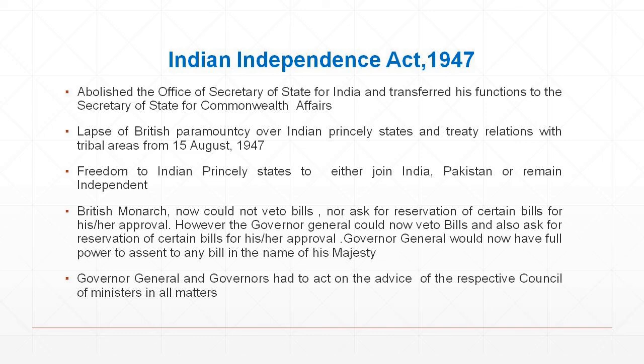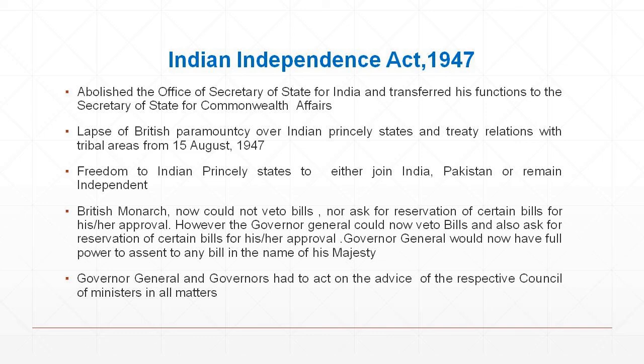So this office is abolished, and his functions were given to the Secretary of State for Commonwealth Affairs. This is a very loose body, because even though you are a part of the Commonwealth, you are a sovereign nation. That is, India will take its own decisions. So the Secretary of State for Commonwealth Affairs is more like a group of friends, with none ruling the other.